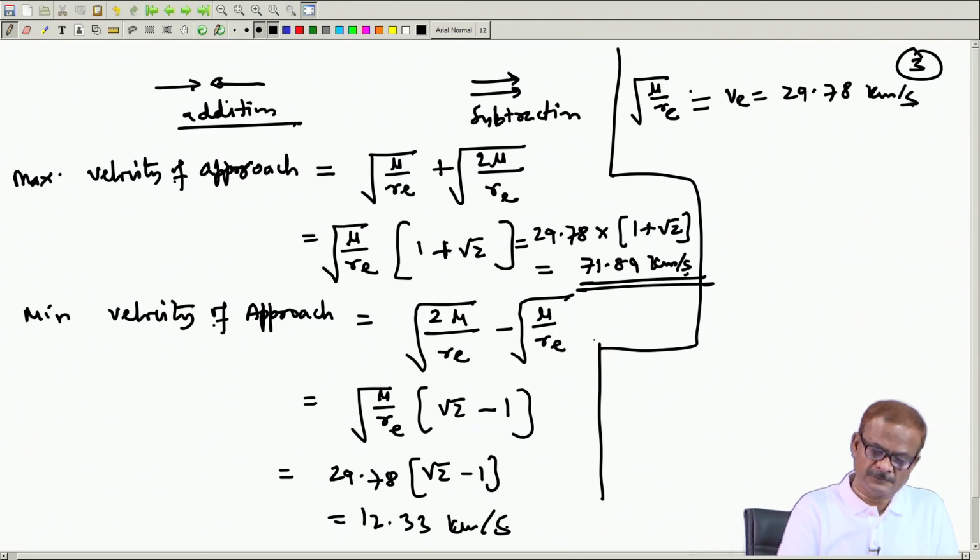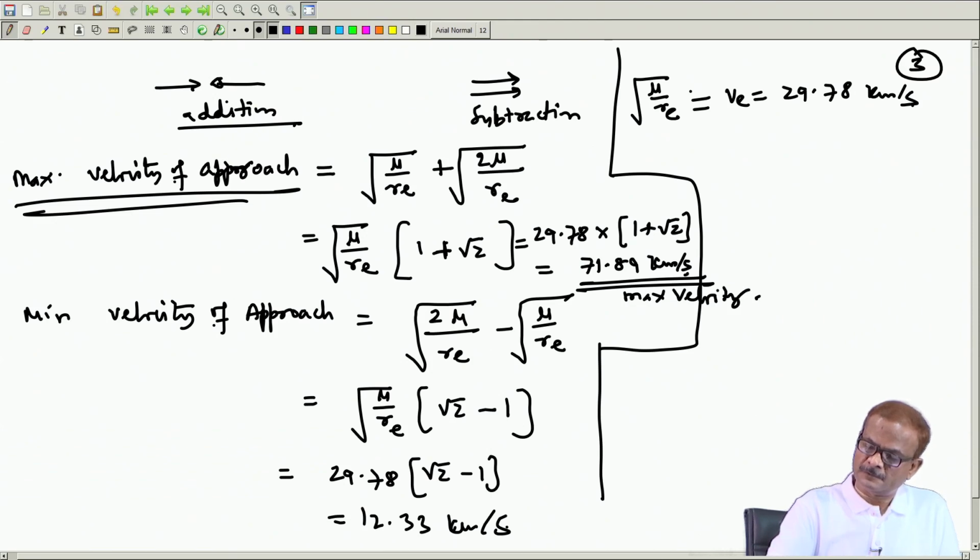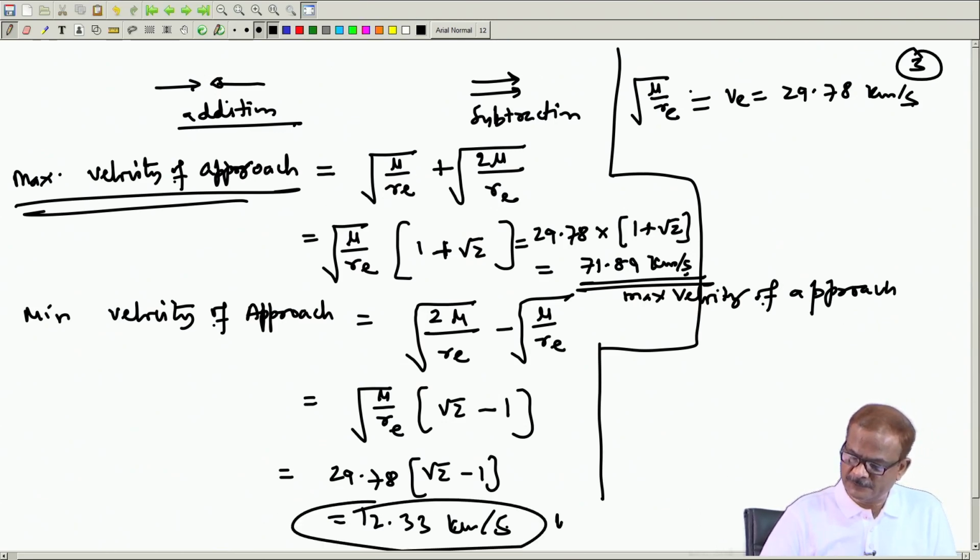So, this is the maximum velocity of approach, and this becomes the minimum velocity of approach.